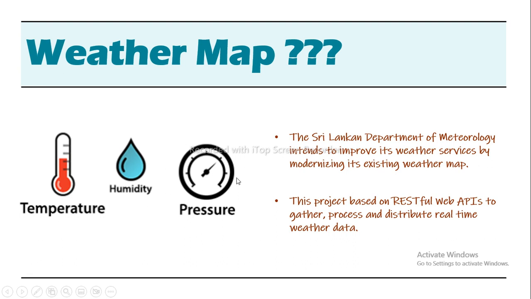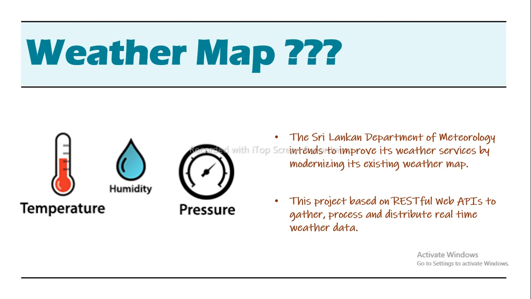With those metrics I have updated their current weather map. These are planned to be gathered by an island-wide fleet of IoT weather stations. As you can see, the Sri Lanka Department of Meteorology intends to improve its weather services by modernizing its existing weather app.